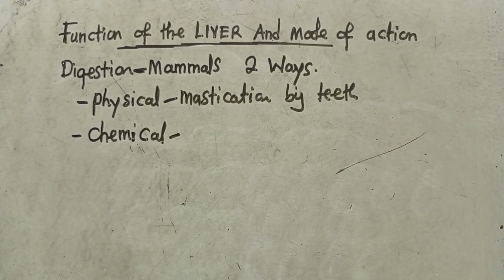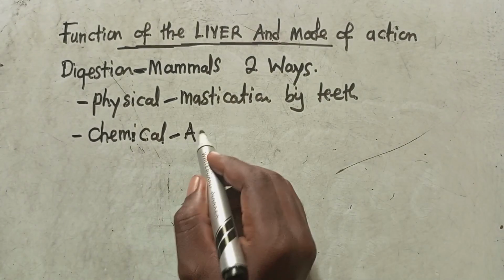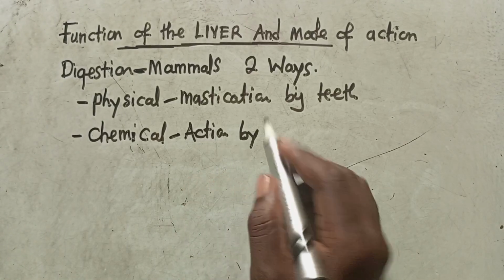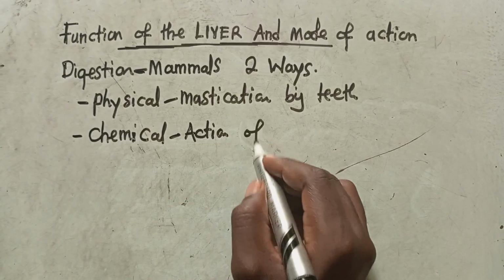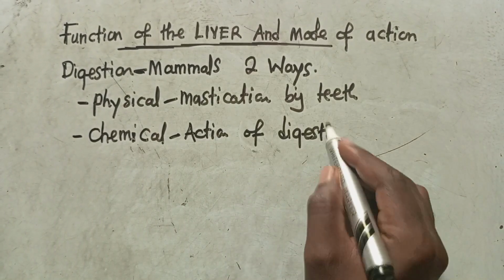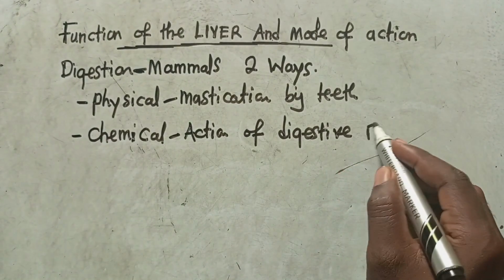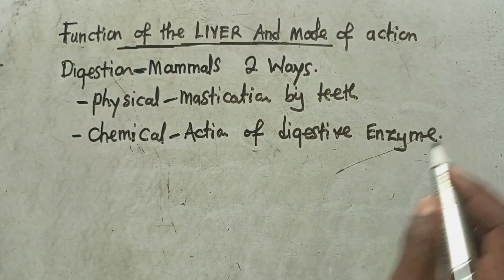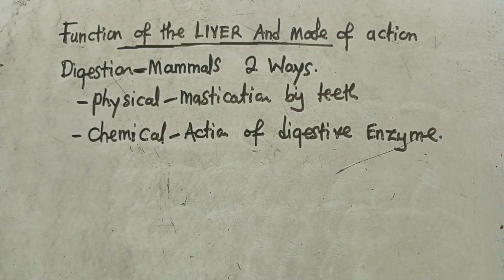Chemical digestion is the action of digestive enzymes. There are certain enzymes that you are supposed to know. The enzyme found in saliva is called amylase. I guess you know that one.